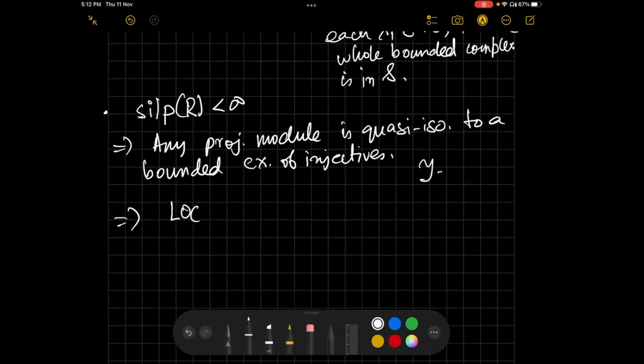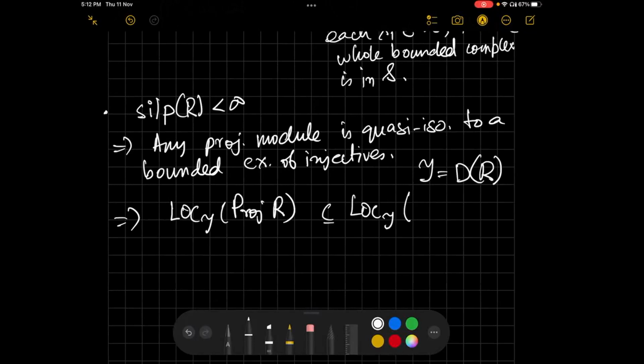So let's work with the unbounded category now. If we look at the smallest localizing subcategory of T containing the projectives, it should be contained in the smallest localizing subcategory of T containing bounded complexes of injectives.